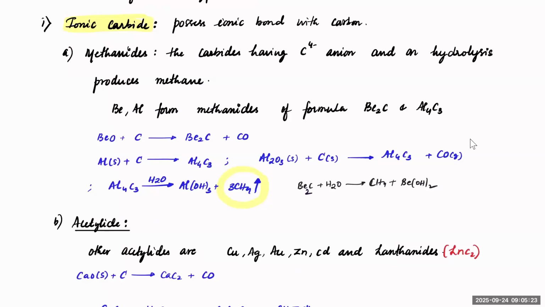Now, beryllium and aluminum, which possess a diagonal relationship, have two carbides, Be2C and Al4C3. Both, when reacted with water, will release methane gas. That's why they are called methanides, because they release methane gas on hydrolysis.